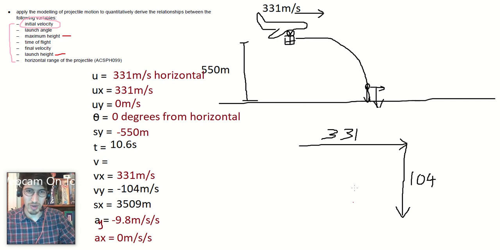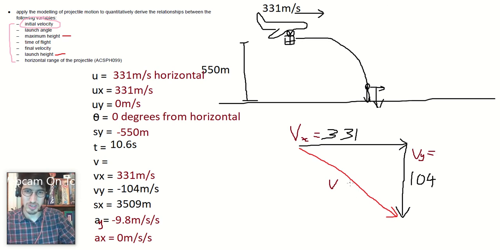That just means that my final velocity is going to be a vector which is equal to the addition of the horizontal and vertical components. To work this out, I can use Pythagoras' theorem, a squared plus b squared equals c squared, or in this case, this is velocity in the x direction and this is velocity in the y direction.